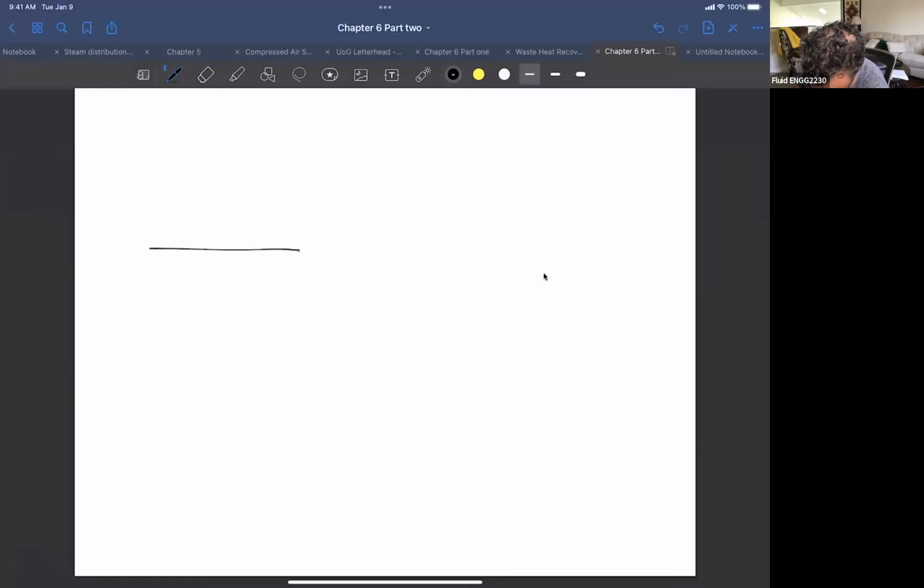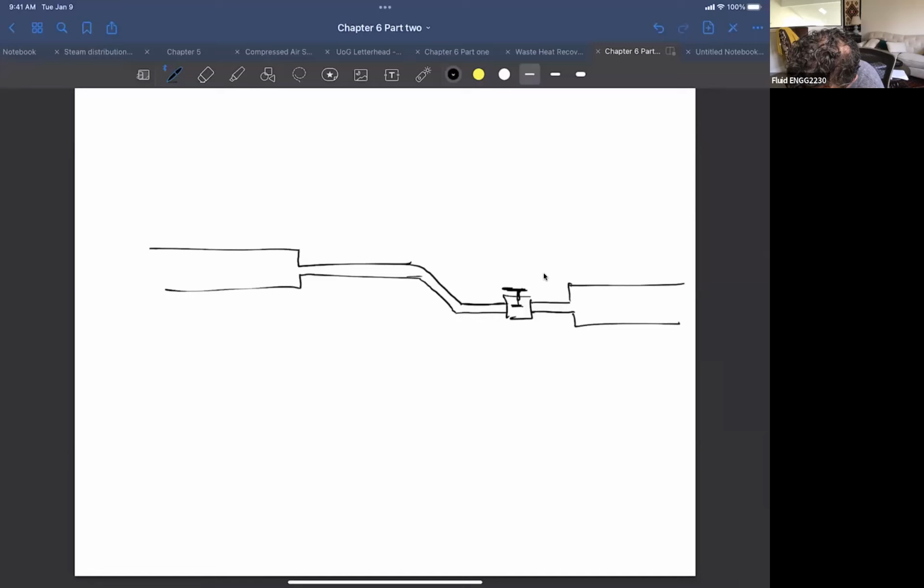Imagine I have a pipe like this, and then you have a 45-degree elbow, and then another 45-degree elbow. I have a valve here, and then I have a pipe like this, and then here.